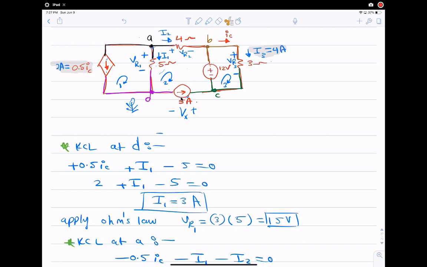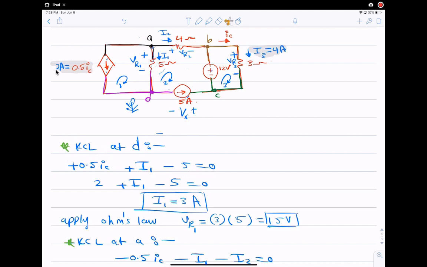This current is leaving, 5 ampere, so it's going to be negative. 0.5 IC is coming into node D, so it will be positive, and I1 also is coming in, so it's positive. So here you see KCL at D: 0.5 IC positive, positive I1, negative 5 equals 0.